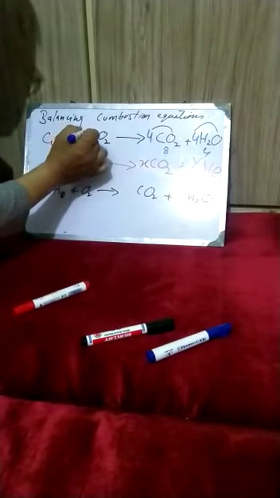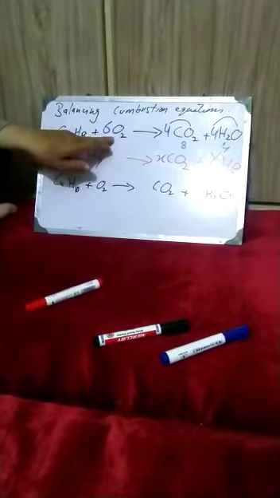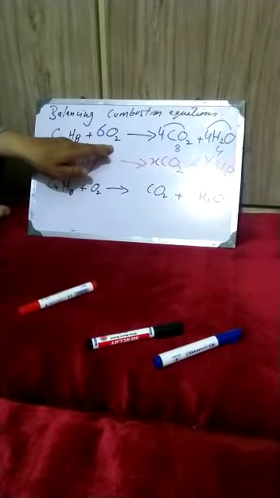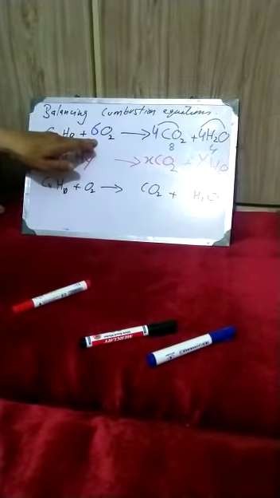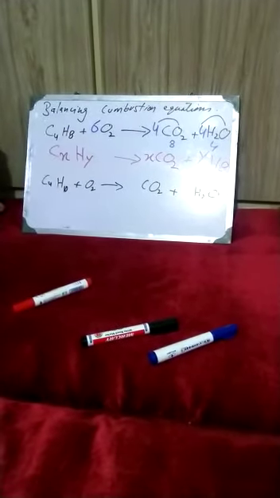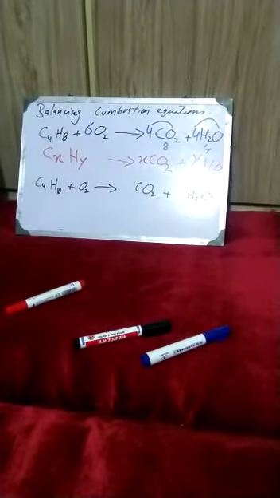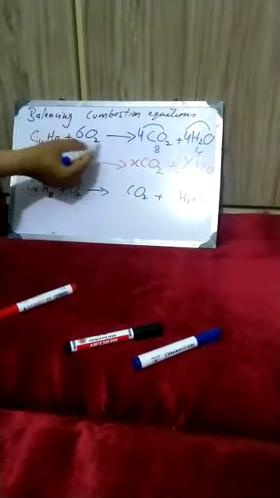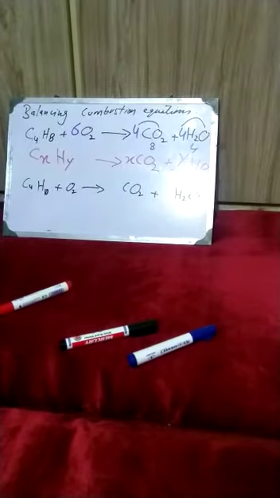If we write 6 in front of oxygen, 6 twos are 12. This makes 12 atoms of oxygen. Remember, in balancing, you have to balance the number of atoms, not the number of molecules. Here 12 oxygen atoms and here again 12. So this is how we balance this equation.